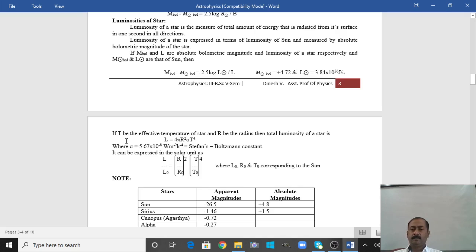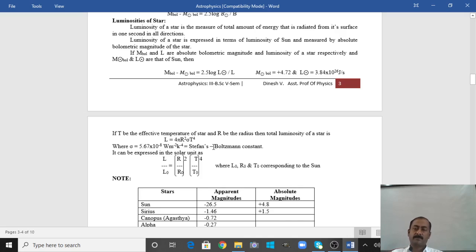If T is the effective temperature of the star and R is the radius, then the total luminosity of a star is given by the formula L equals 4 pi R square into sigma T to the power of 4, where sigma is the Stefan-Boltzmann constant whose value is 5.67 into 10 to the power of minus 8 watt per meter square per Kelvin raised to 4.